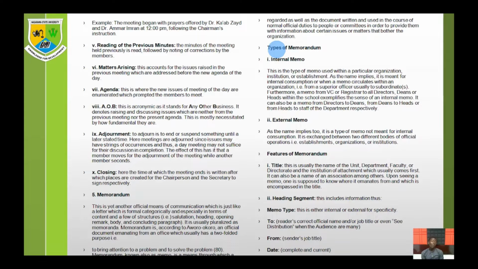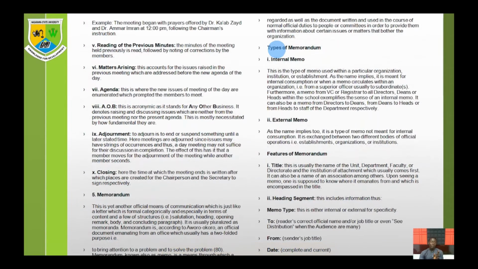From, To, and Date are all under the heading segment. When you say To, it means the reader's correct official name and or job title, or even a distribution list when the audience are many. For instance, to all staff of the Department of English, from the head of department. The date must be complete and current. You call all these things elements we find under the heading segment. Every memo must have the From, the To, and the Date.